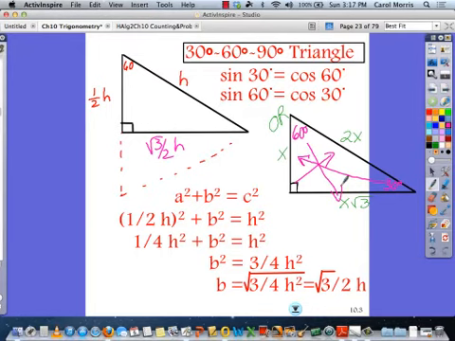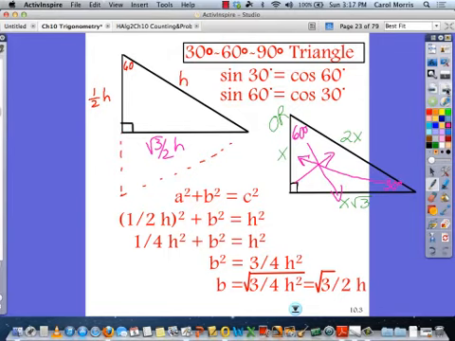And some people like to remember it's next to the 30 where the 3 is at. It's fine. Whatever works, because that's what you have to keep working on. That's what we expect to have memorized for 30, 60, 90. That you can name those edges very quickly.